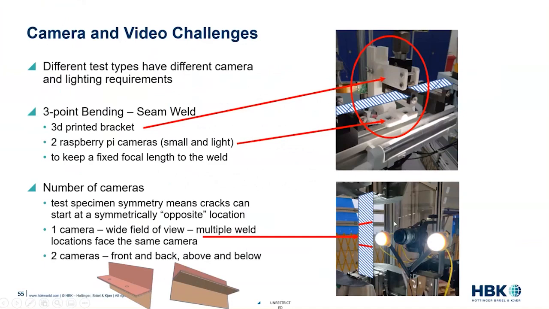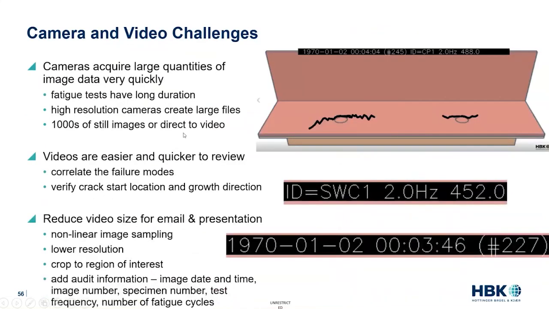Here we've got a camera system with a wide field of view. We've actually got two cameras, front and back, or in some cases above and below, because we don't know which weld will actually get the first failure. So we have to identify that.